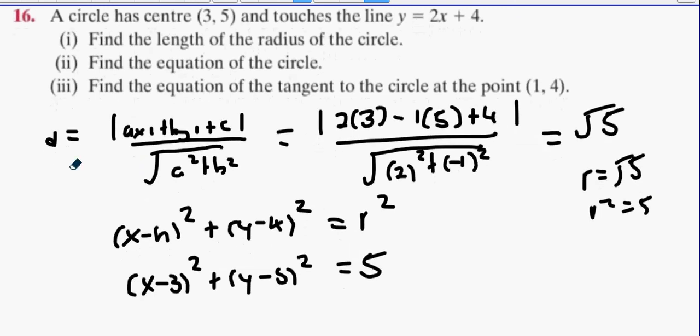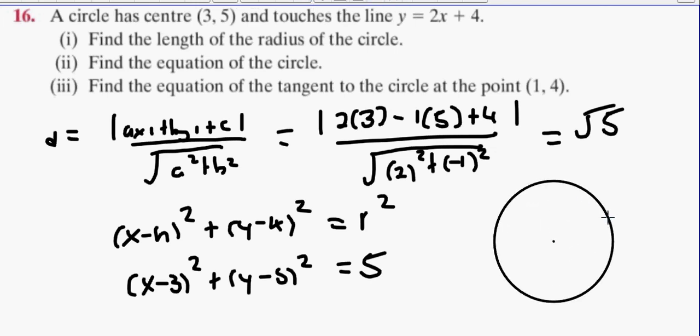Right. So here's what you do. Right. You have a circle and you have the centre of the circle, which is 3, 5, and then the circle has a point 1, 4 that's on the circle, and you want the tangent.